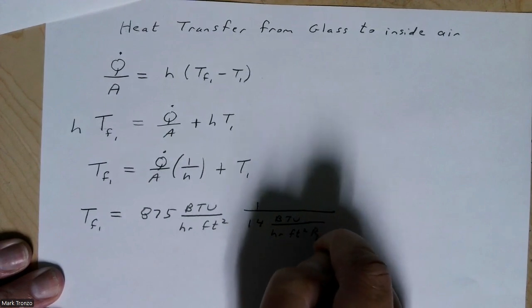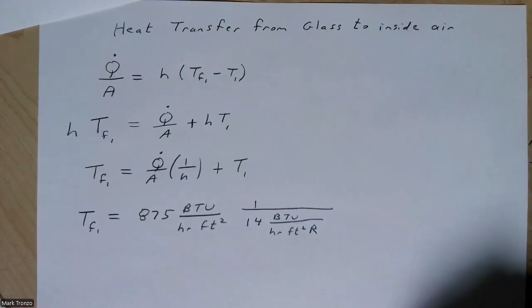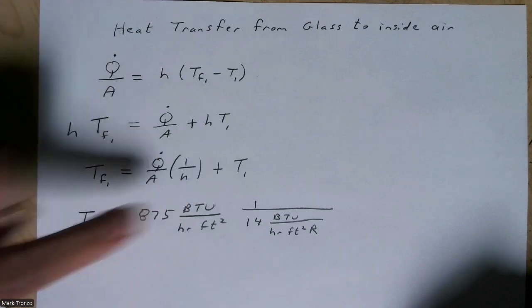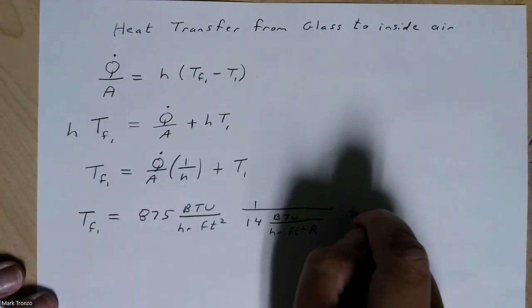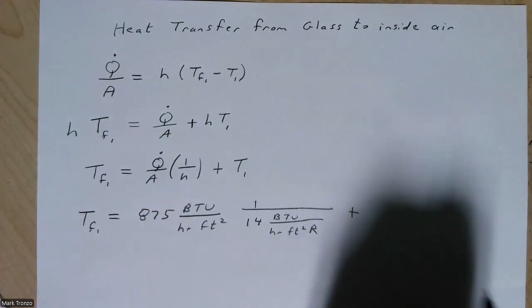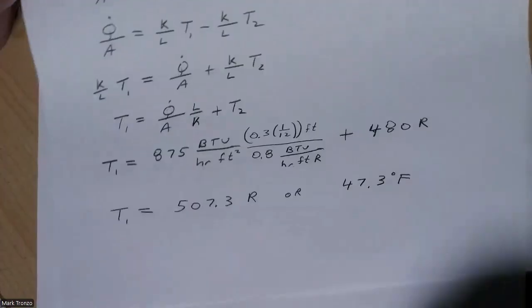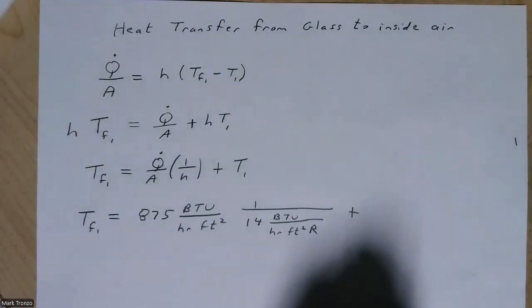I'm going to write it as degree R, though it doesn't matter if we're dealing with differences. And then finally, plus our T1, which we just found a minute ago, 507.3.